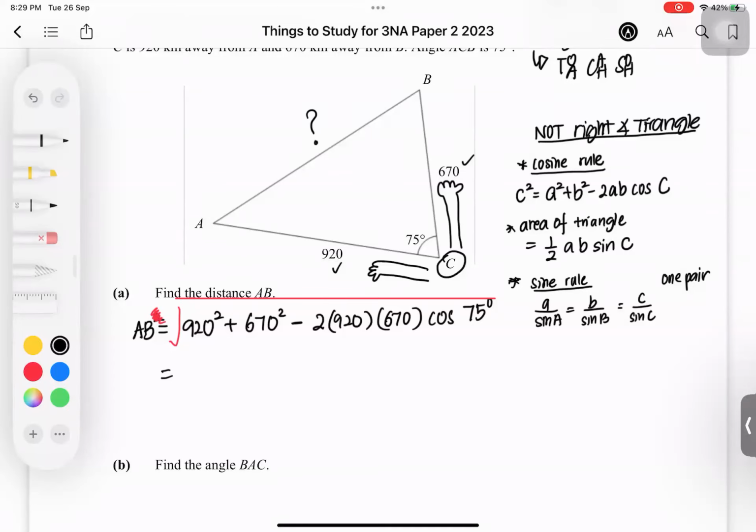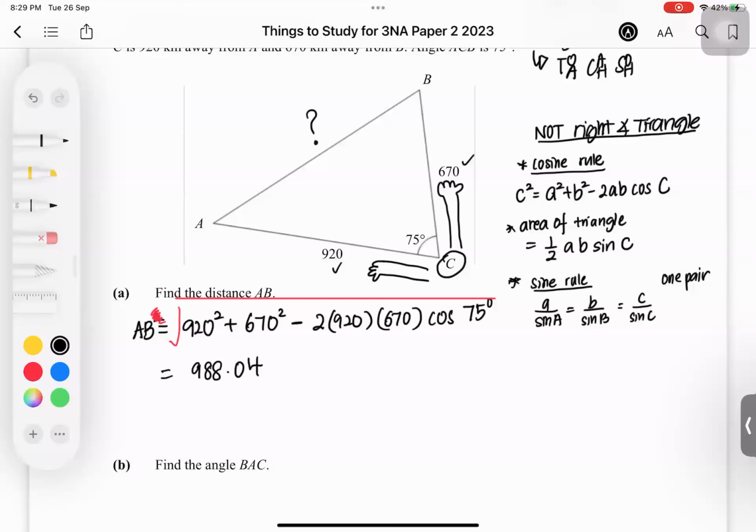Minus 2AB cosine of 75, close bracket. Oh, I never closed the bracket. Okay, 988.04, correct. I must remember to close the bracket for the angle, sine or whatever.